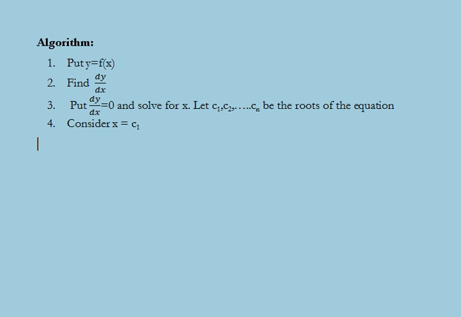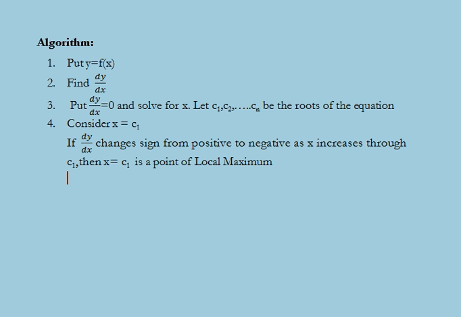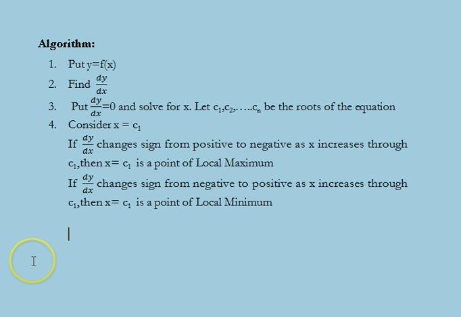If dy by dx changes its sign from positive to negative as x increases through c1, then the function attains a local maxima at point x equal to c1. And if dy by dx changes its sign from negative to positive as x increases through c1, then the function attains a local minimum at point x equal to c1.